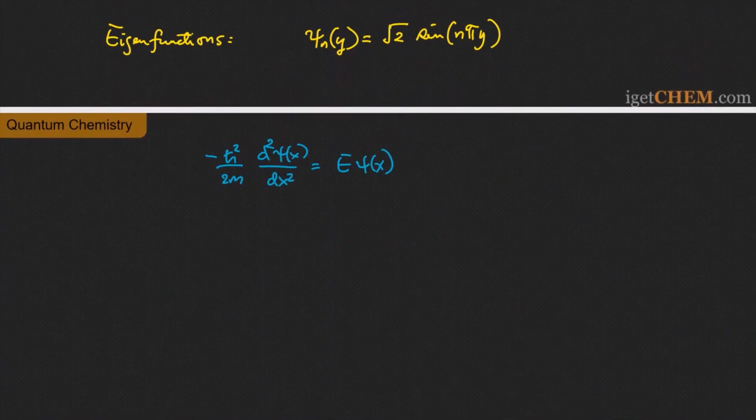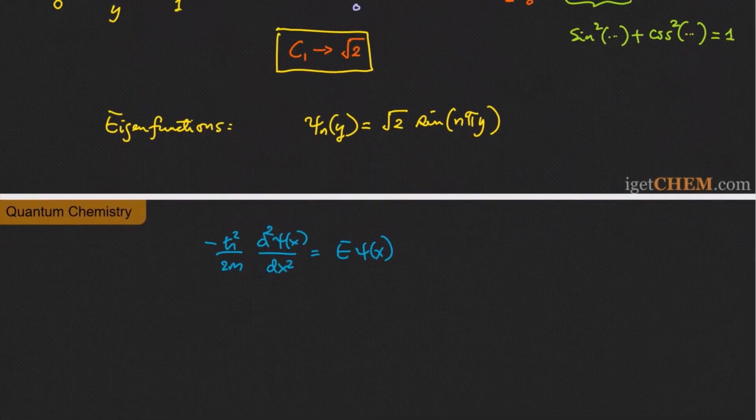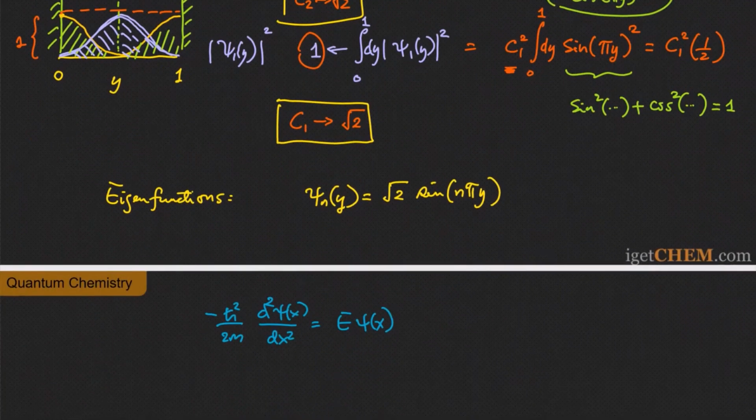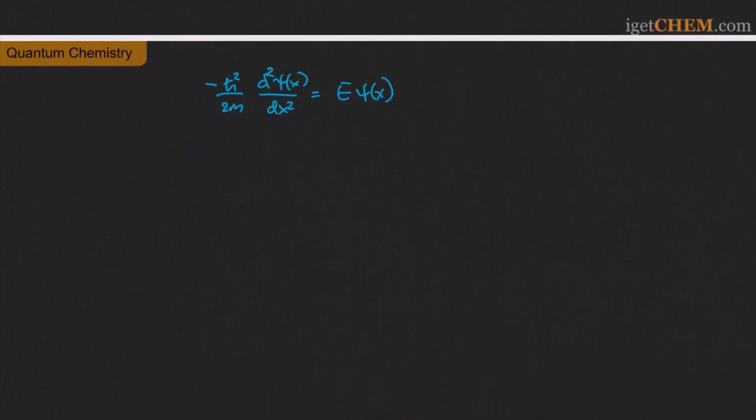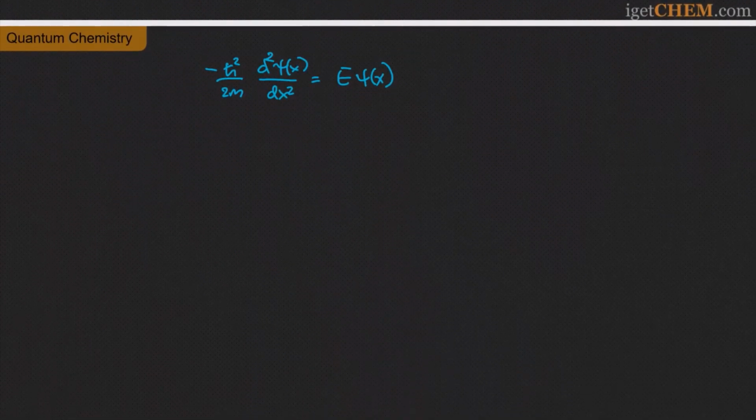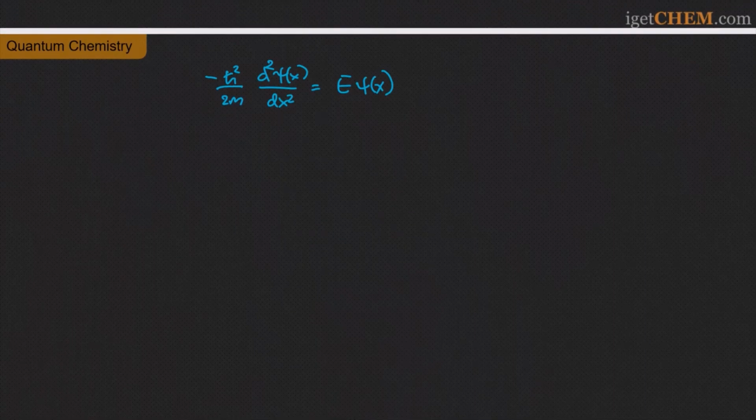So now, since I've transformed to the new coordinate system y, I can just use the new variable y to rewrite the Schrodinger equation.